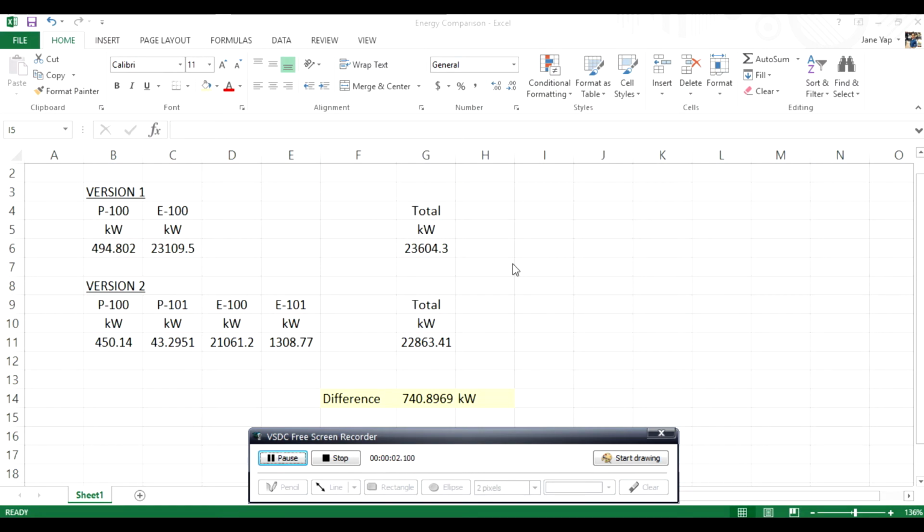In version 1, the total power required of the pump and heater is 23,604.3 kilowatts, and in version 2, the total energy required of the pump and heater is 22,863.41 kilowatts. So by using the arrangement in version 2, we can save at least 740.89 kilowatts of energy.